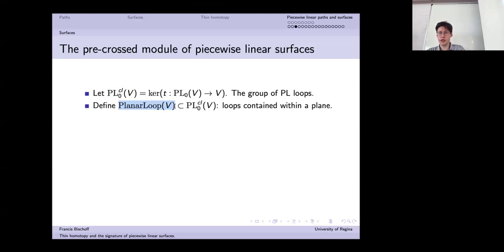So this is a condition on a loop. And in fact, any loop that lies in a plane determines a unique plane. Now I'm going to define what a kite is. A kite is just a planar loop and a path.